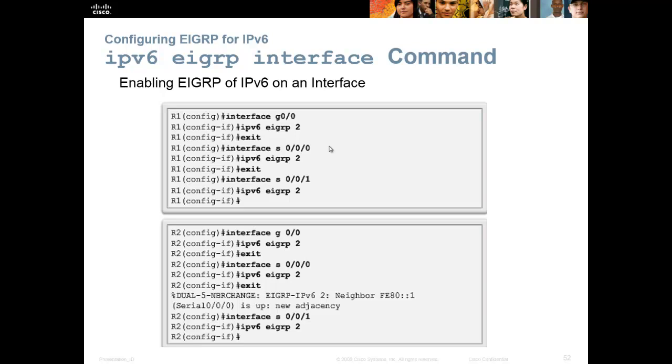Well, then the border between them, that interface on both ends can be EIGRP 1, and then the interfaces on the other sides can be EIGRP 1 and EIGRP 2. So it's a lot easier to be in two different networks, I think, as far as the configuration goes in IPv6. But so again, you get the idea. So instead of doing areas, we just go to each interface and do ipv6 eigrp 2.